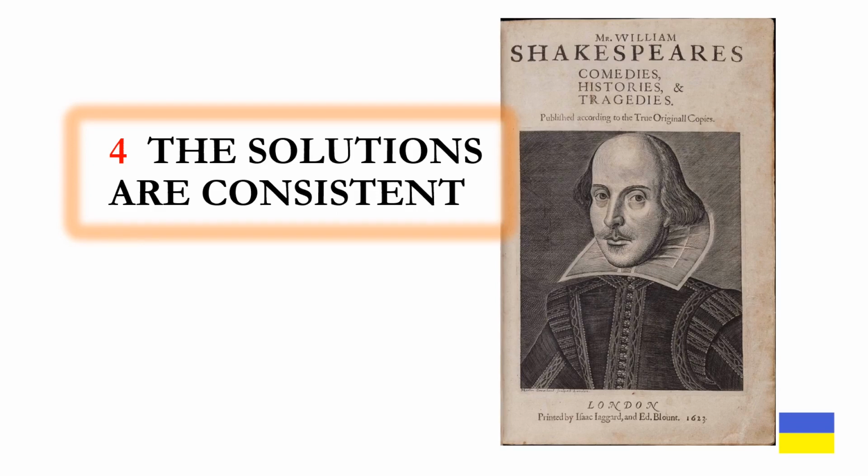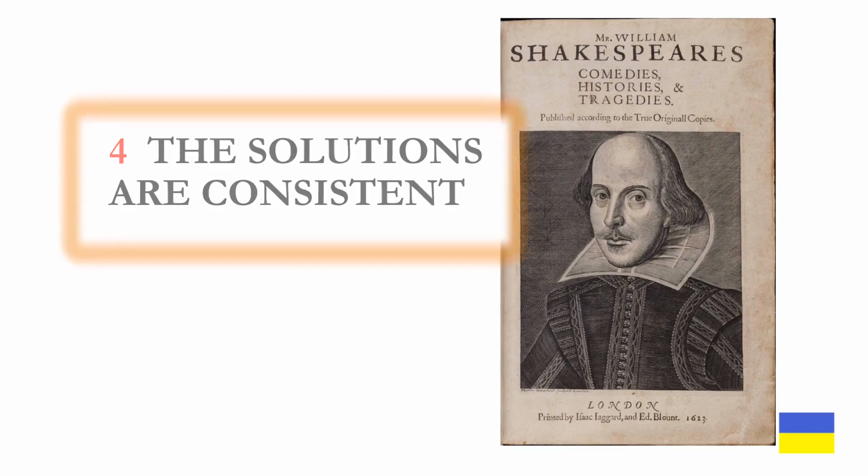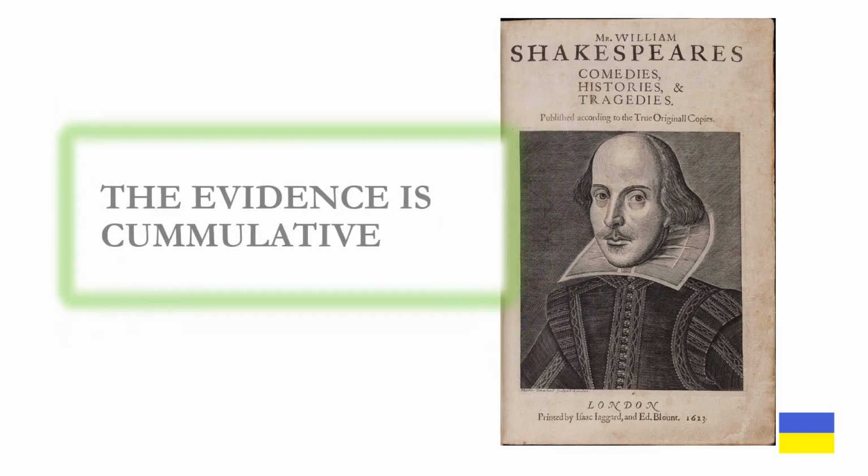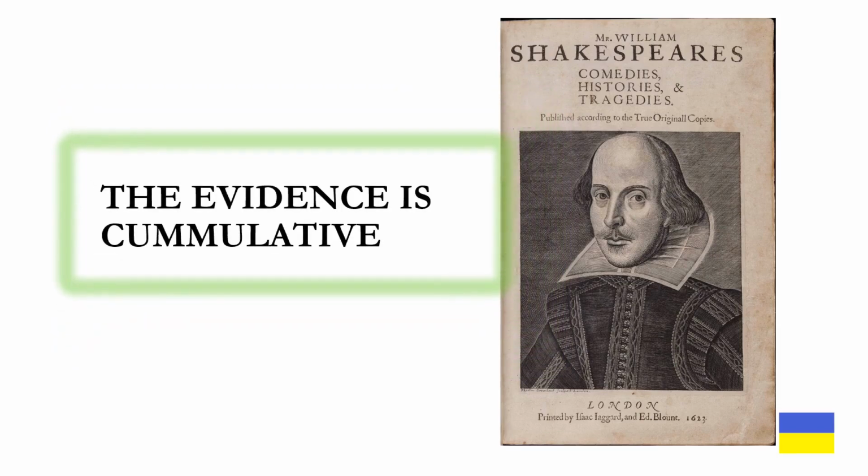Number 5, there is an overwhelming number of clues found in books by different writers, which means the evidence is cumulative.